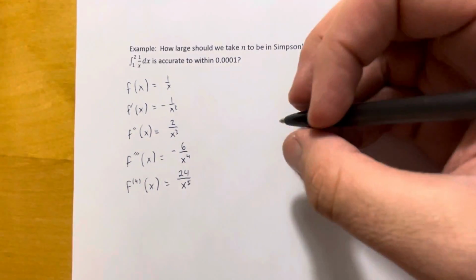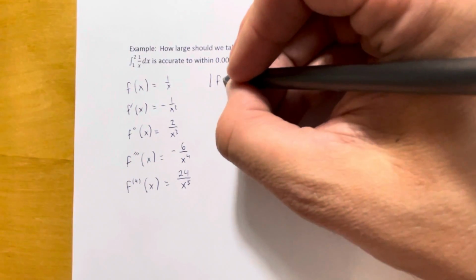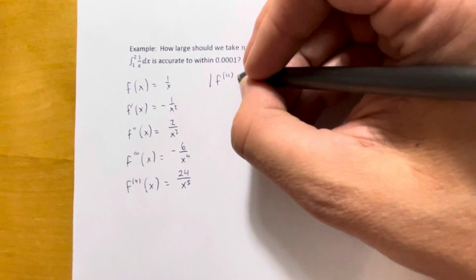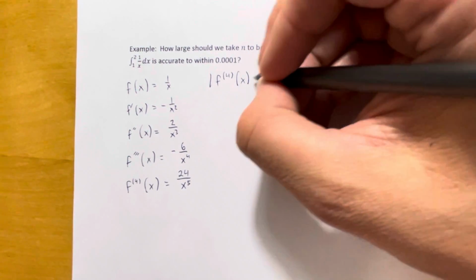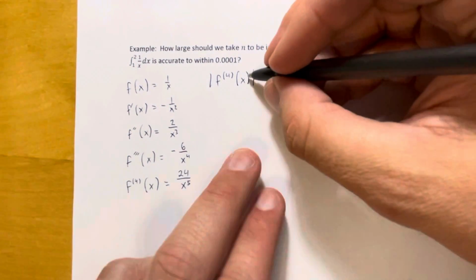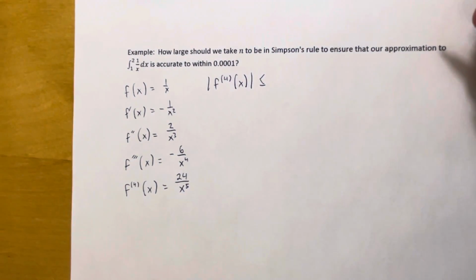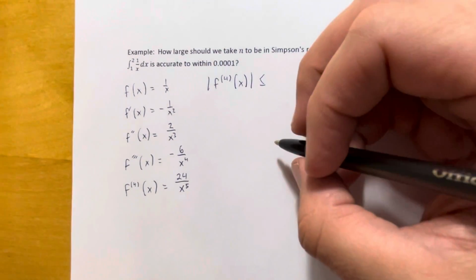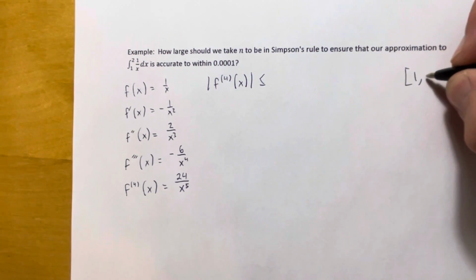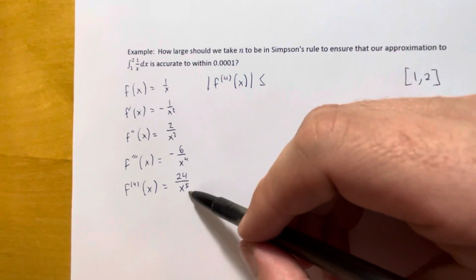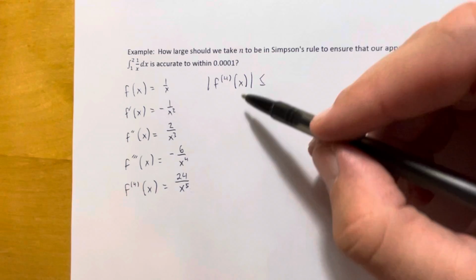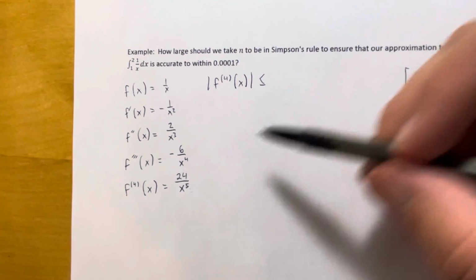Okay, now the absolute value of that, we want to see what the absolute largest it could possibly be is. That's the value of k that we're going to find. Remember that we're looking at the interval from 1 to 2, and also the larger this denominator is, the smaller the quotient is, and vice versa.